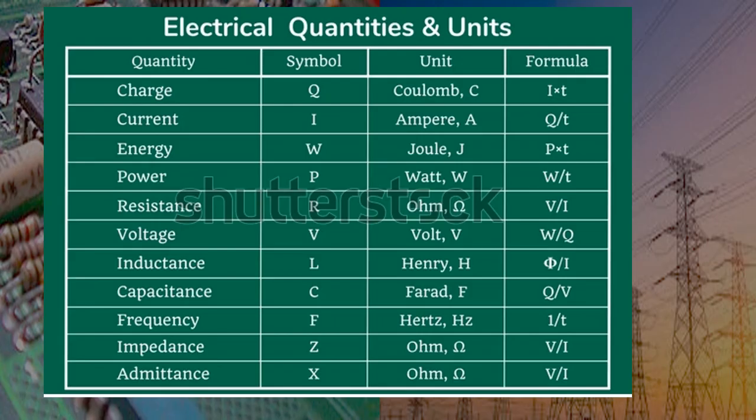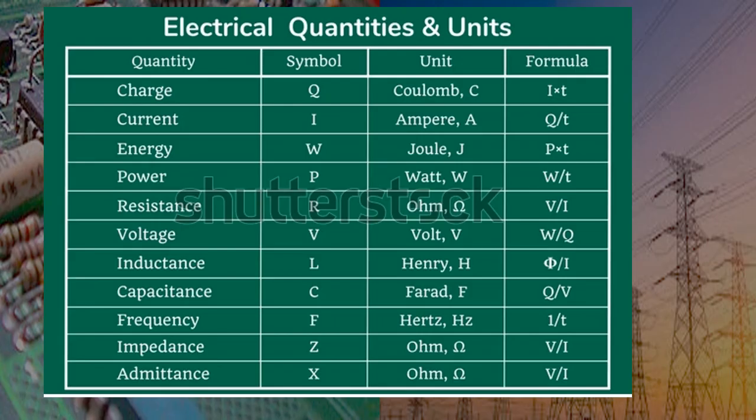Mu over current is the amount of magnetic field divided by current. Capacitance is denoted by the symbol C, and it's measured in farad after Michael Faraday, denoted by F. The formula is charge over voltage if you want to calculate the capacitance.